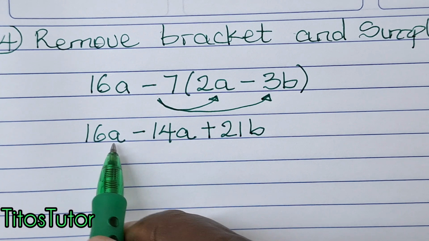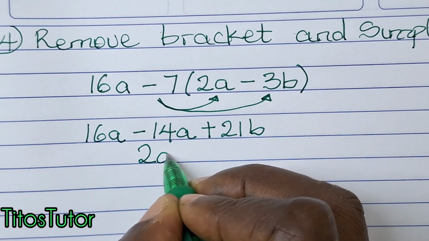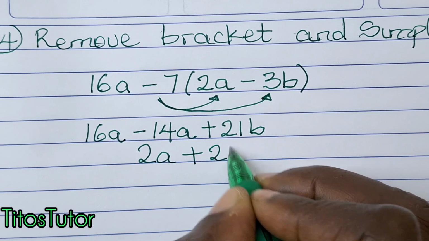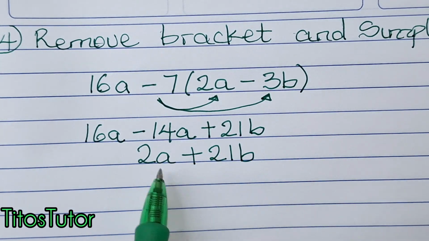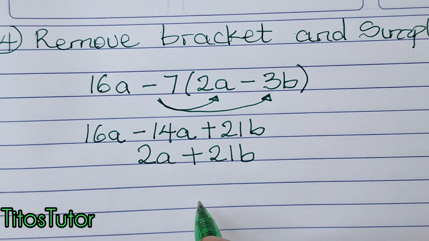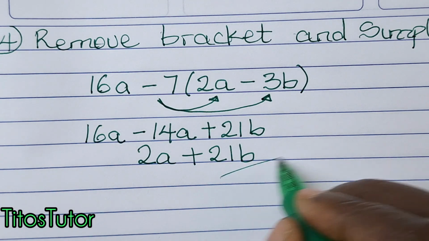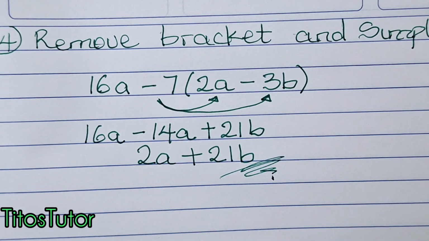They are like terms, a. 16 minus 14 is 2. 2a plus 21b. As you can see, a and b are not like terms, so this cannot be further simplified. So your final answer is 2a plus 21b, and you're done.